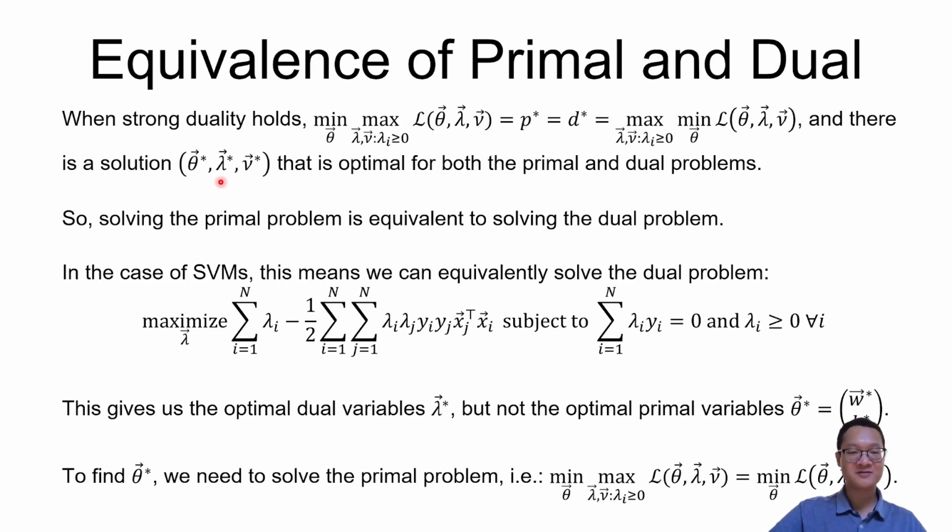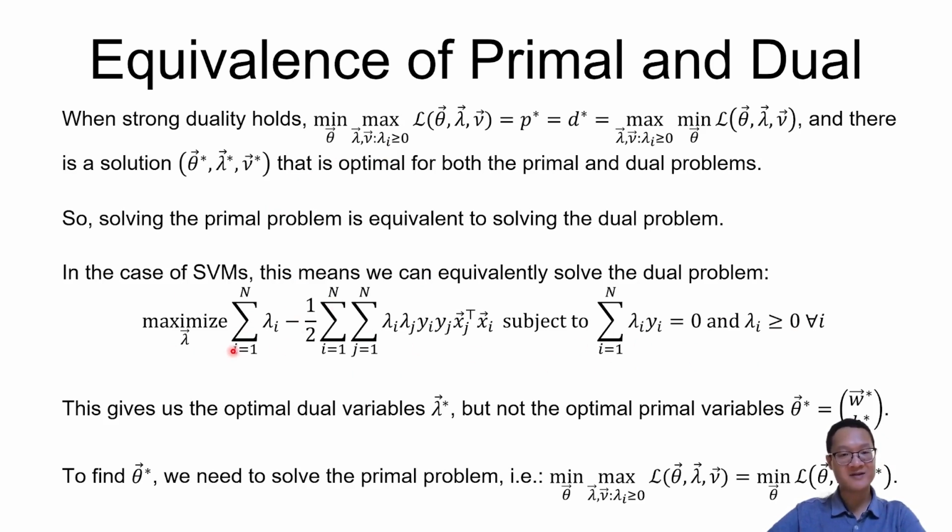Okay, and a single solution, theta star, lambda star, nu star, would be optimal for both of the problems, both the primal and the dual problems. So in the case of SVMs, that means that instead of solving the original primal problem, we can actually solve this one, which we derived last time.